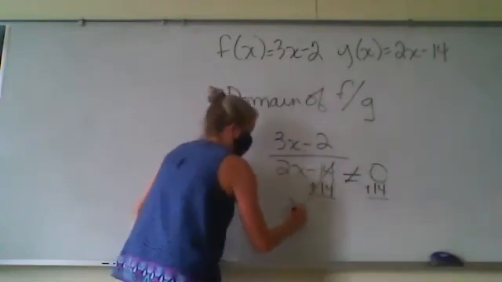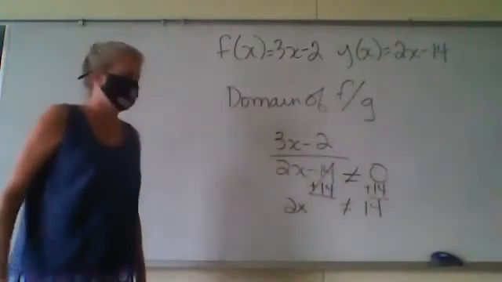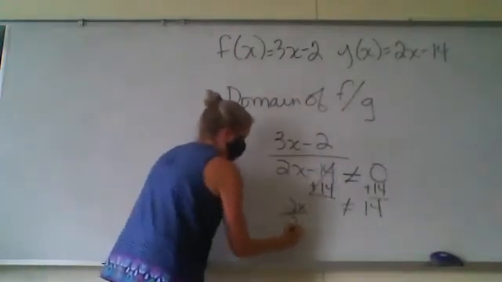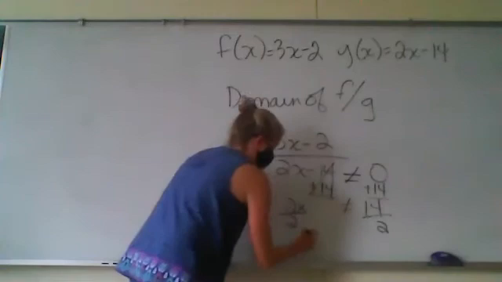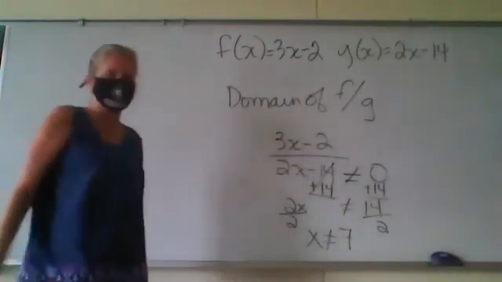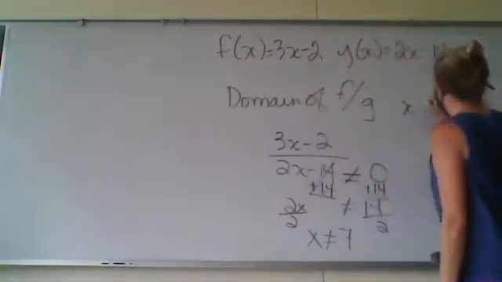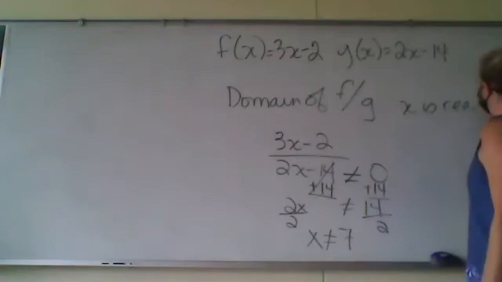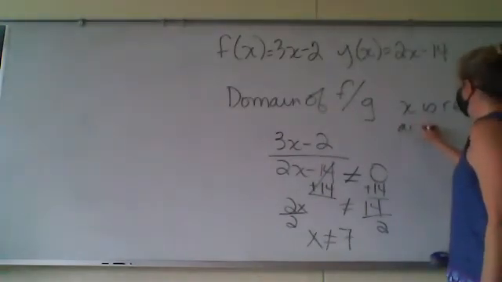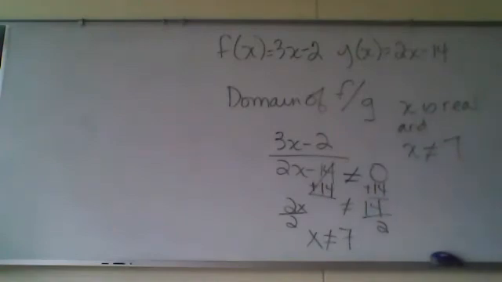So 2x can't equal 14. And then divide by 2. So x cannot equal 7. So x is a real number and x cannot equal 7.